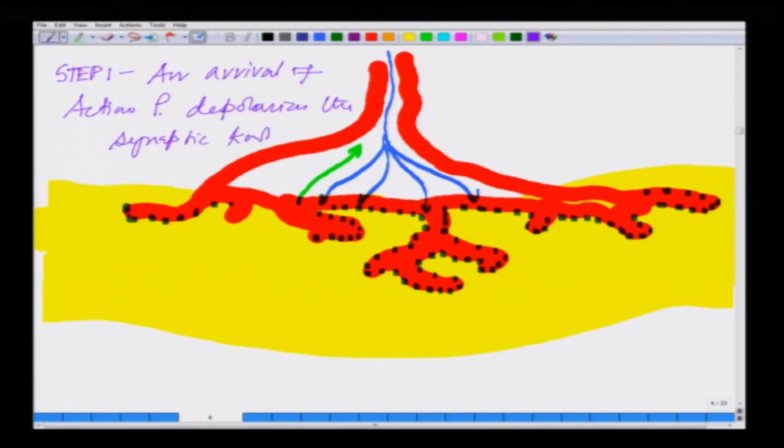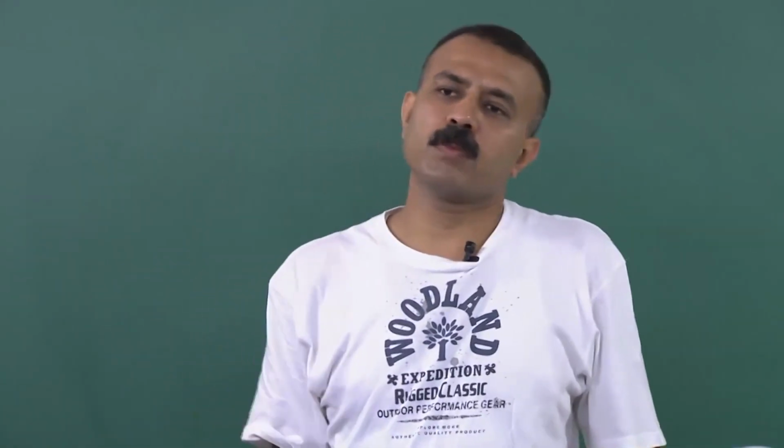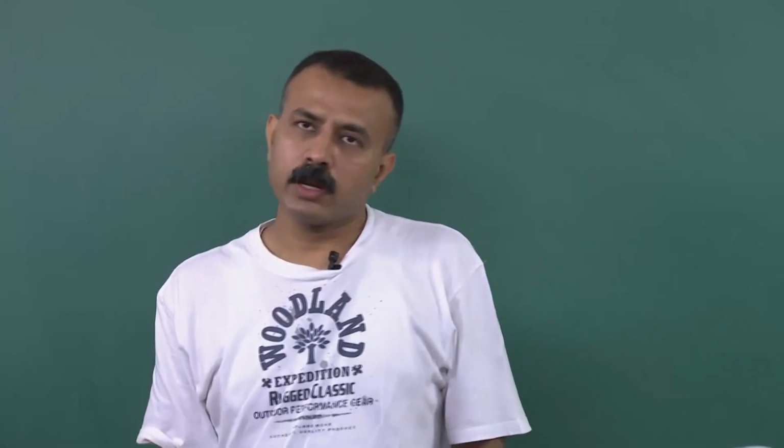So, just let me introduce 2 more terminologies. The one which is sending the signal is called the presynaptic, and the one which is receiving the signal is called postsynaptic. In this situation, the presynaptic membrane is the neuron and the postsynaptic membrane is the muscle.